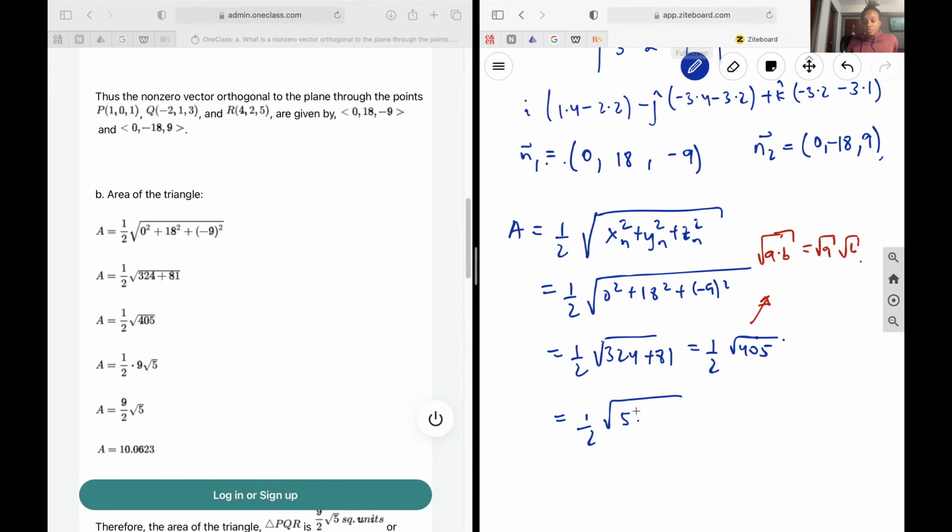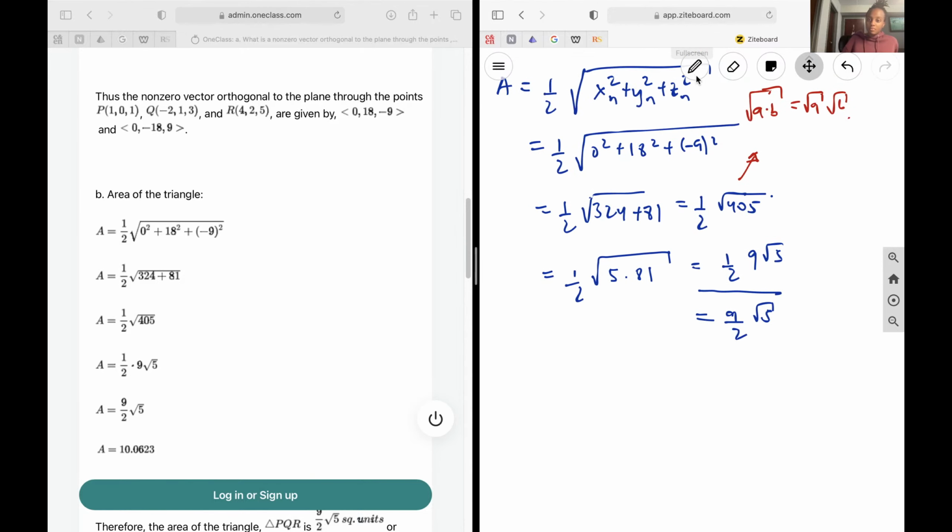And so if I choose 5 by 81, that will give me a half. The square root of 81 is going to be 9 square root 5. So this is 9 over 2 by the square root of 5. And if you put that into your calculator, that's going to give you 10.0623. And that's it for this question.